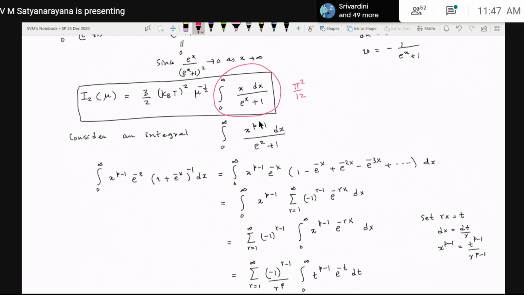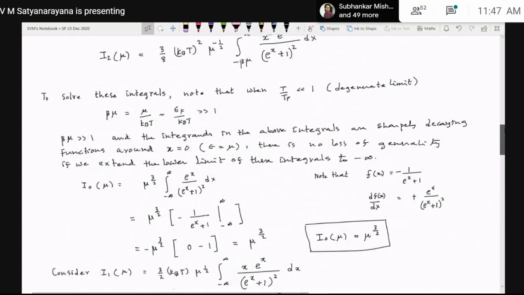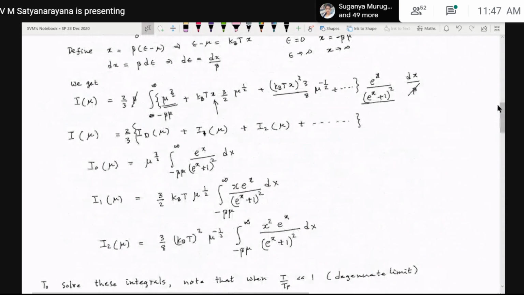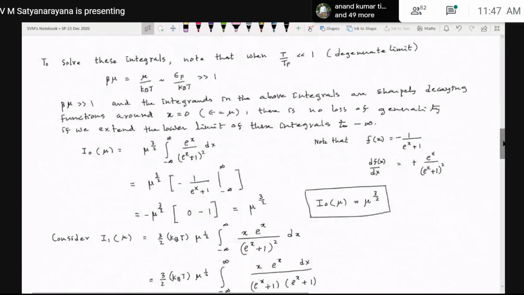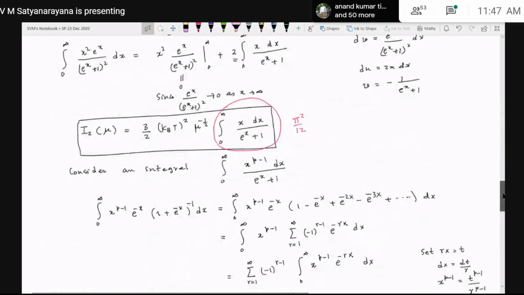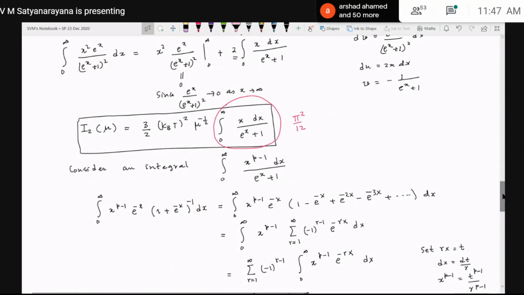Now let's go back to I mu. I0 is just mu to the power 3 by 2. I1 is 0. So I2 is what we have obtained here, 3 by 2 kBT square into mu to the minus half.